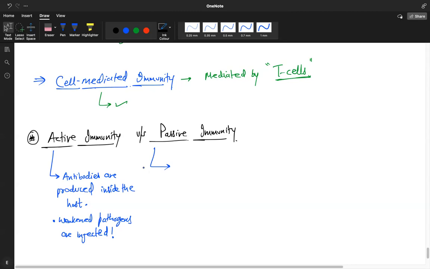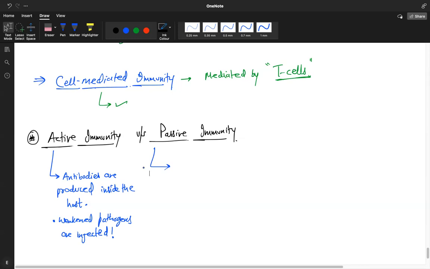So our body is not directly involved in this immunity. So what happens in passive is sometimes you don't have the weakened pathogens, or you don't have the time to let the body develop its own antibodies inside. Okay. So what we do is we have to give the person ready-made antibodies.